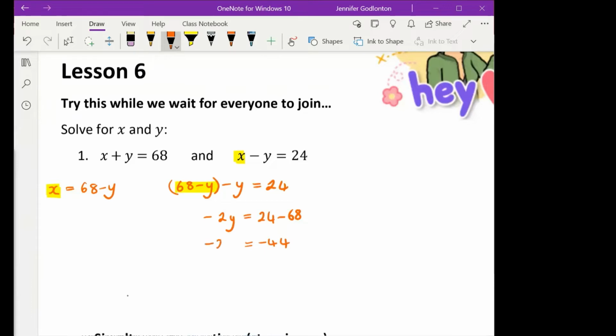But remember, that's equal to negative 2y. So when we divide by negative 2, we get a positive answer of 22. So that's my y. And then to find x, we just put it back into this formula over here. So x is equal to 68 minus 22, which is equal to 46. Okay, so that is using substitution.